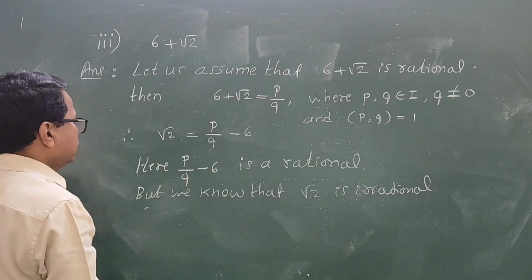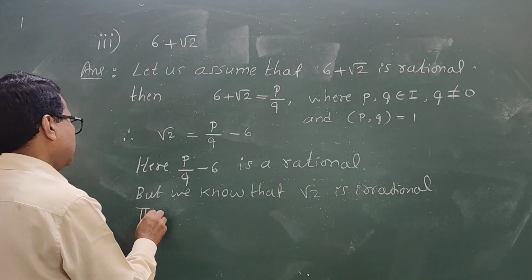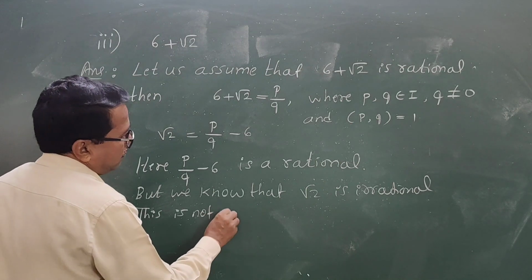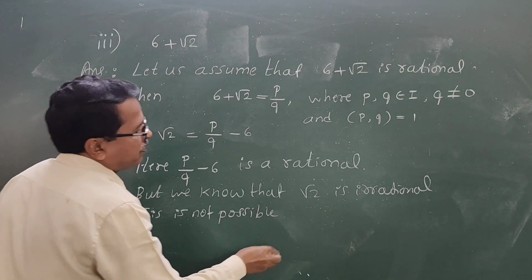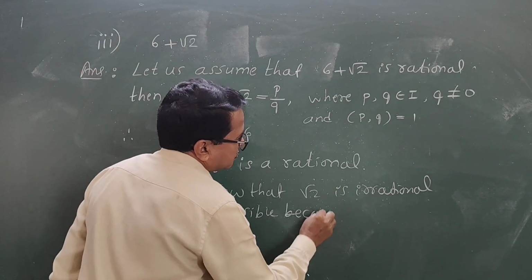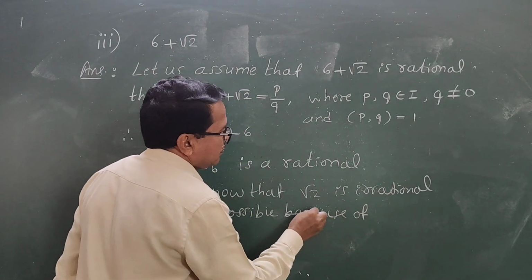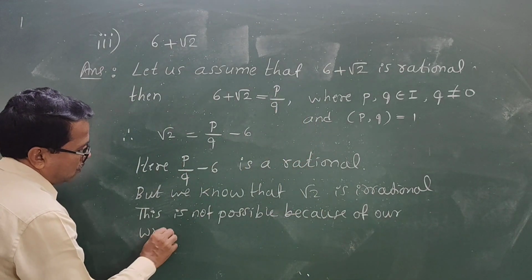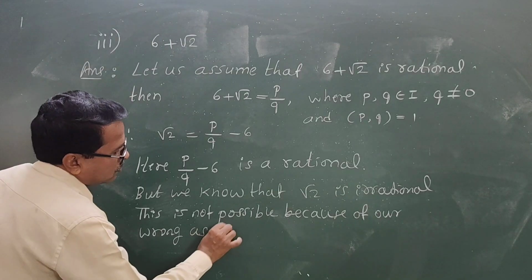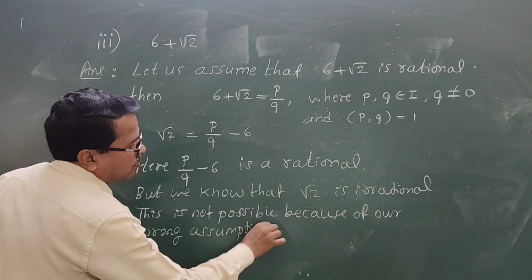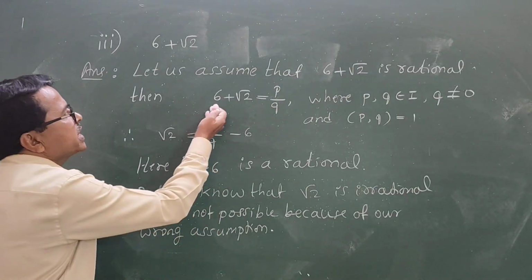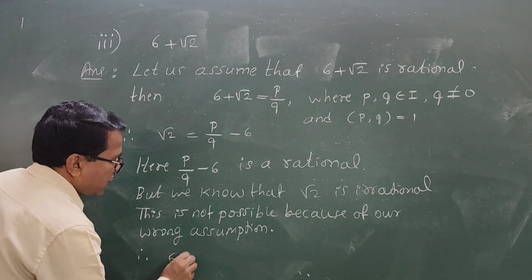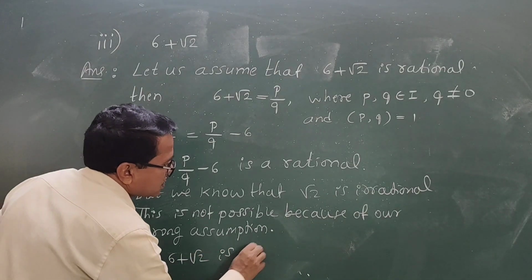Both are not equal. So this is not possible because of our wrong assumption. But what is right? Right is 6 plus square root of 2 is irrational. Therefore, 6 plus square root of 2 is irrational.